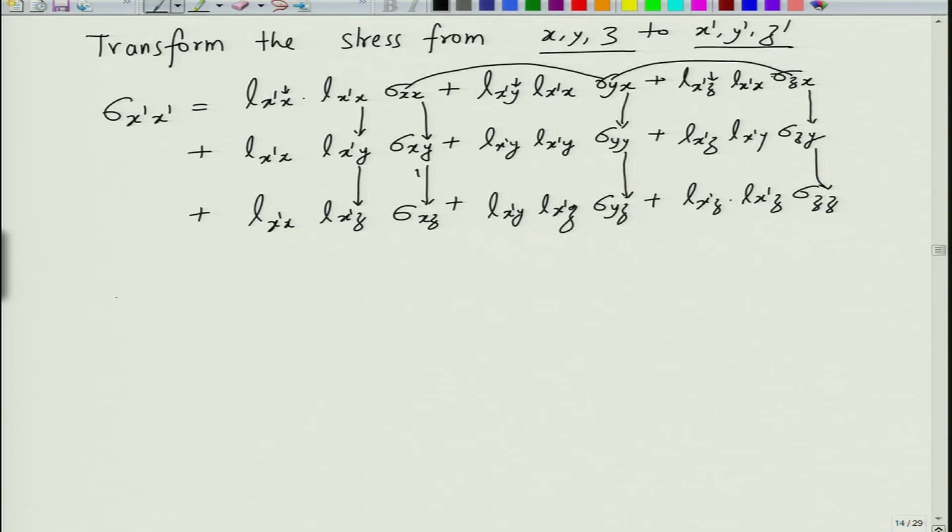You can also write, let us say, sigma x prime y prime. So, what will sigma x prime y prime be?